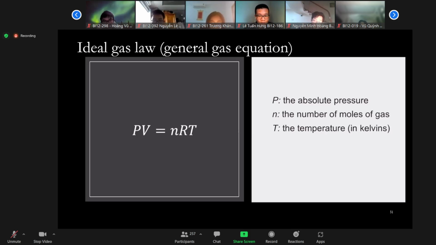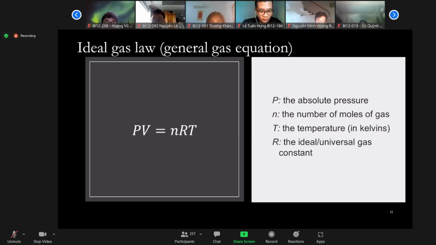The temperature should be measured in Kelvin. Do not make mistakes, okay? Last time I saw a lot of students, when they calculate the pressure or the volume, for example using the ideal gas law, did it wrongly because they used the temperature in degrees Celsius and not Kelvins.